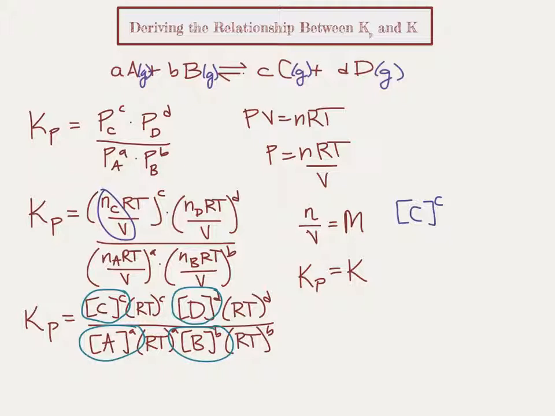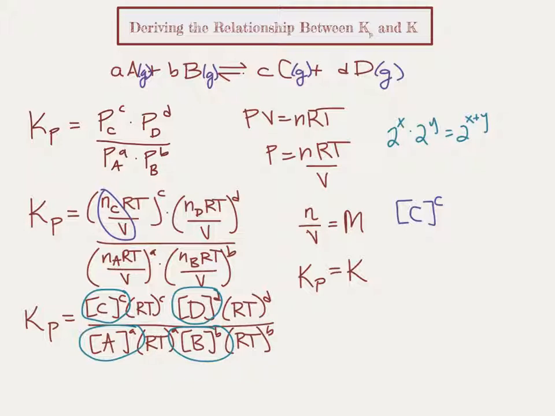And we still have some gross stuff happening with RTs. But I know from algebra that if you do 2 to the x times 2 to the y, that I'll end up with 2 to the x plus y. So I'm going to do that for each of my RT species.